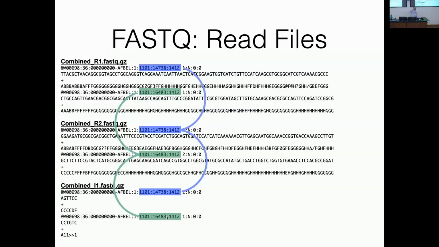So as the sequence comes off the machine, the files are always in the same order. Now, we're going to talk in a little bit about how you can screw that up. So you can't always assume, if you have data that's been processed, that the order will be right. But the coordinates, at least for an Illumina file, should let you figure out which reads go with which.